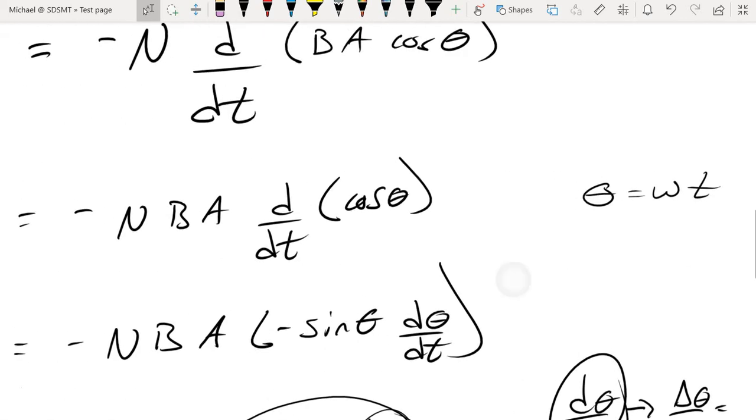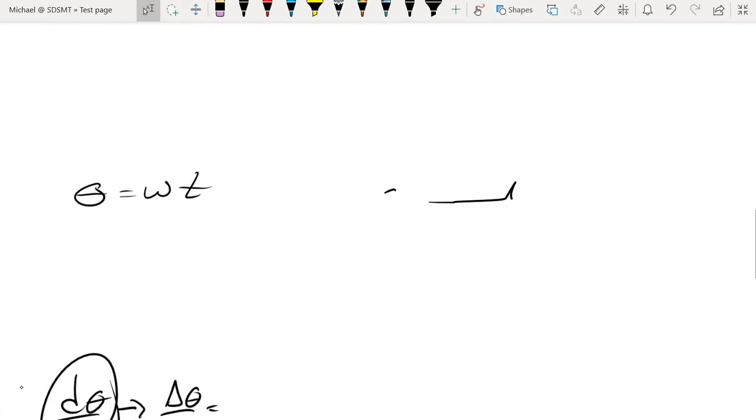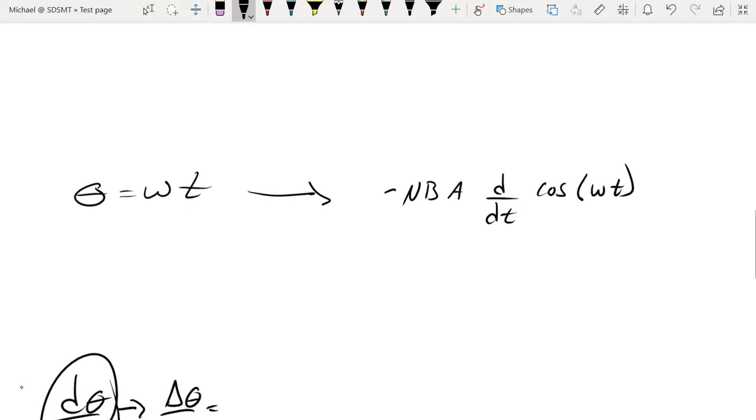let's see here, we have negative NBA. Negative NBA. We need the derivative with respect to time of cosine omega t. We still have the negative NBA out front. The derivative of cosine still turns into negative sine.